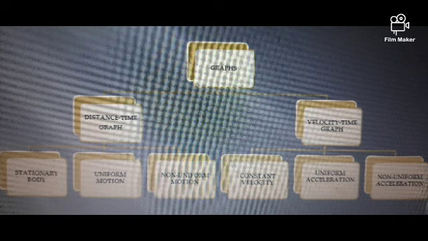Similarly, the velocity time graph is categorized as the velocity time graph for constant velocity, for uniform acceleration, and for non-uniform acceleration. Children, in this session we are going to focus on the distance time graph. So let's get started.